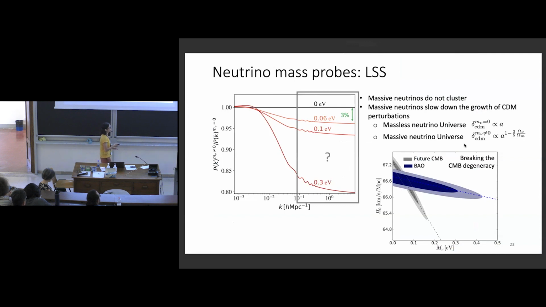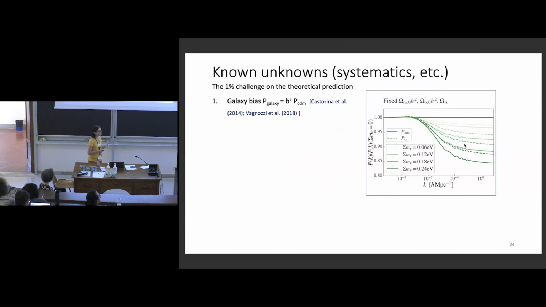because the impact of massive neutrinos is mainly located on scales that are very difficult to model. So we have a challenge. The challenge is to get a 1% accuracy also on the theoretical predictions. But this is difficult because we have several systematic effects and theoretical uncertainties.